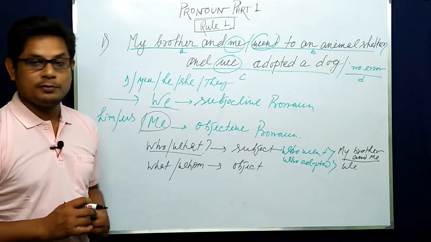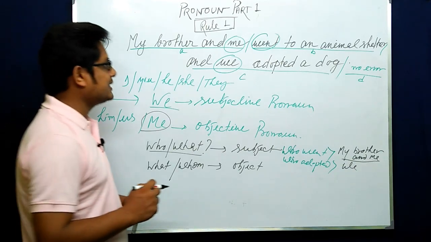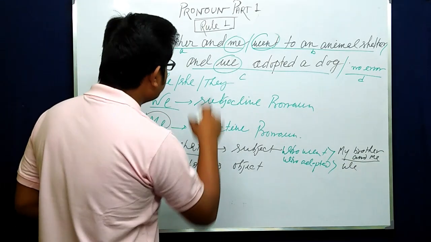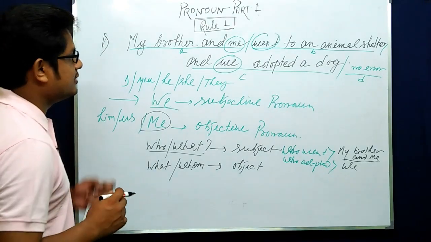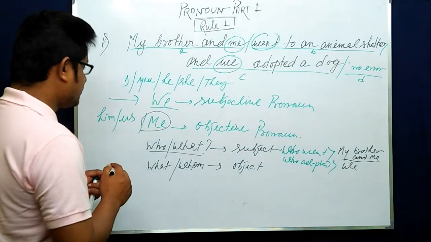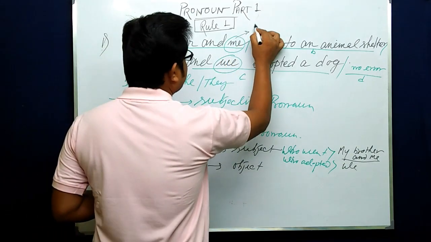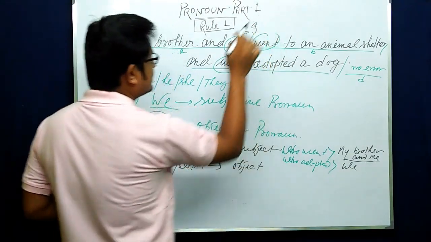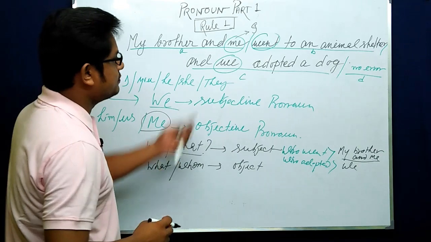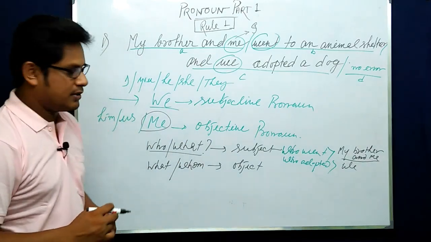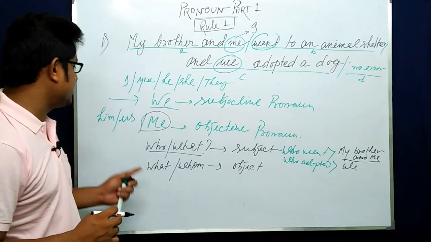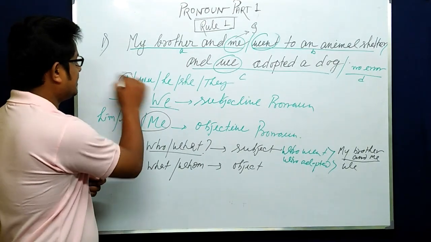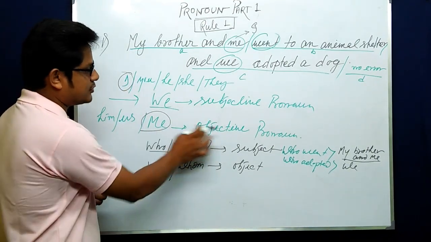It is an objective pronoun. So you can say that me is wrongly used in this sentence, right? So what should be used in the place of me? You have to use I, because I is the subjective pronoun of which me is an objective pronoun. So in the place of me, you have to use I, because I is subjective. As I said, I is subjective and me is objective.